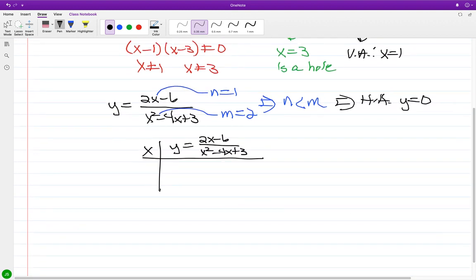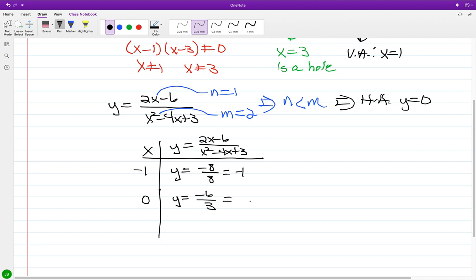So for x values, say you have -1, and if I were to reduce, the numerator becomes -8, the denominator is going to become +8. And if I have x at 0, we'll have for the corresponding y value, the numerator at -6, and the denominator becomes 3.